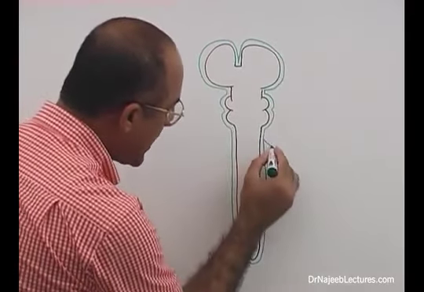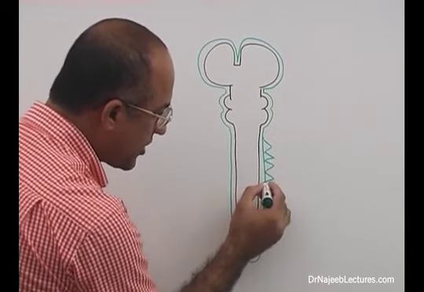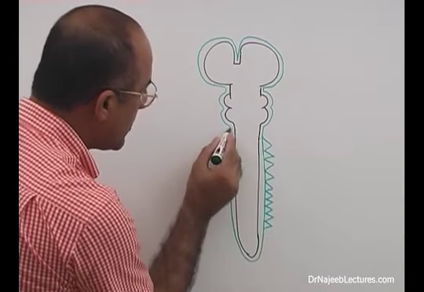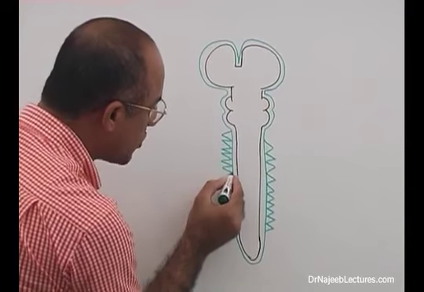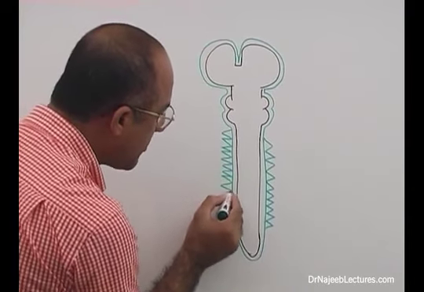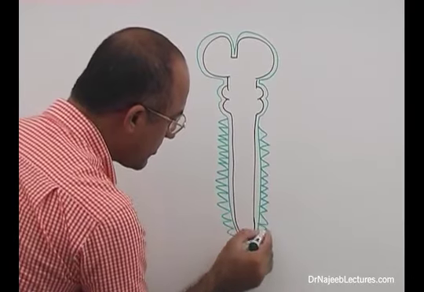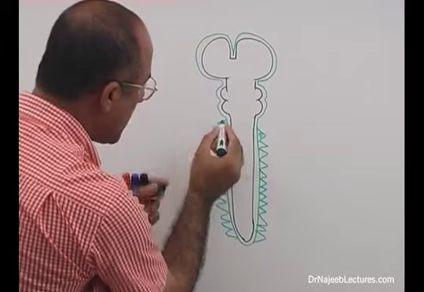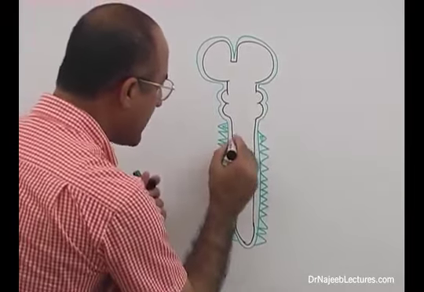Here, pia mater makes flattened projections outward, and these projections of pia mater are connecting the pia through the subarachnoid space and through the arachnoid to the dura mater.